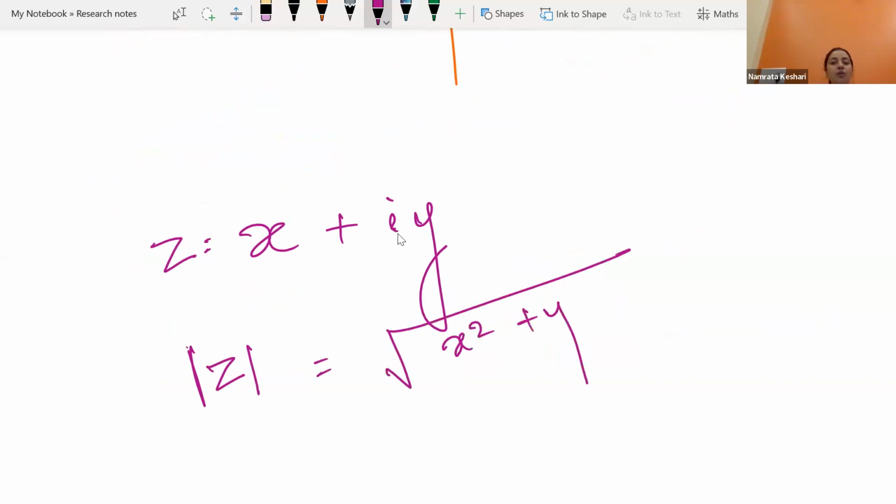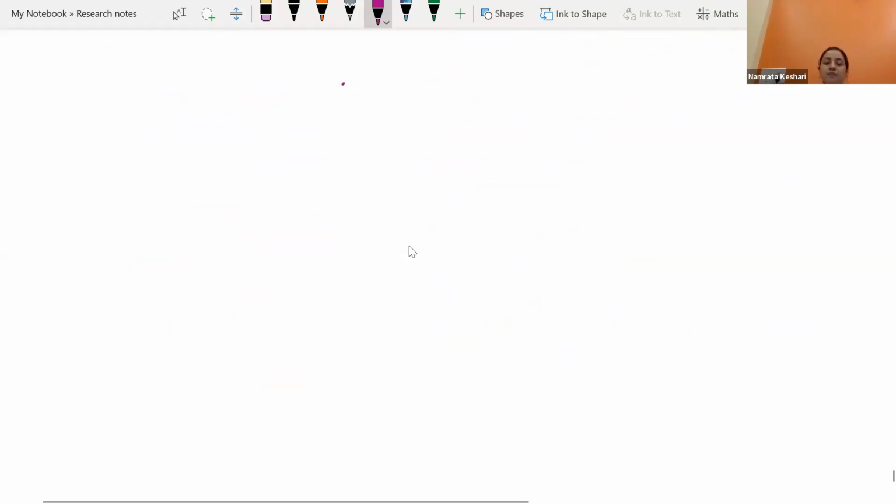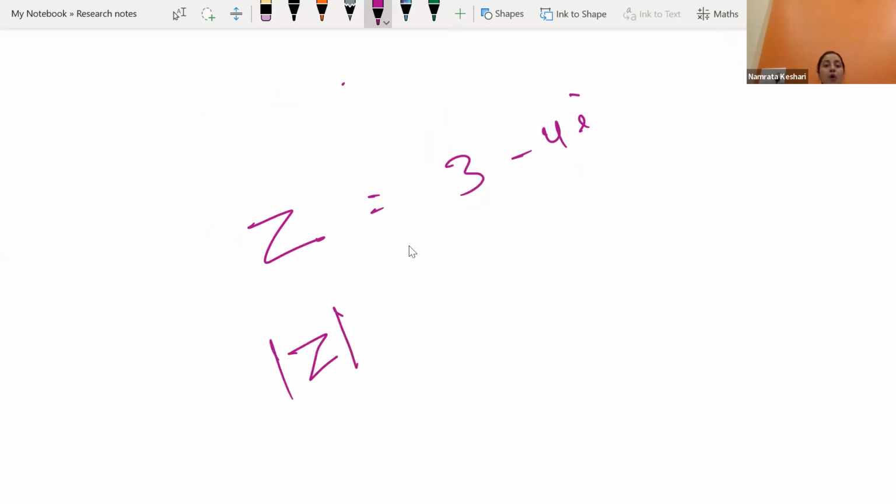This is the formula. It just came from the basic concept. Suppose our complex number is z equals 3 minus 4i, then how will we find mod z? Mod z means distance from origin.